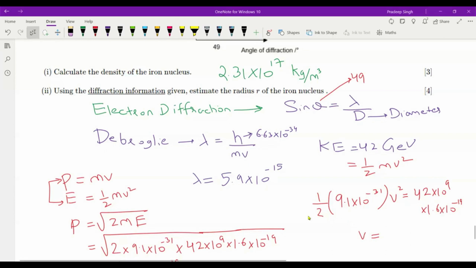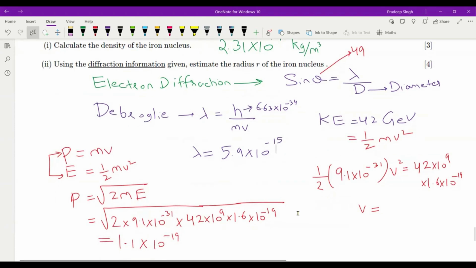3.94, so approximately we should get 4 into 10 to the power minus 15, right? Of course, because this formula is derived from the kinetic energy equation. Why are we not getting it? Can you resolve? Sir, I got the mistake I was doing. I was multiplying electrons with the number of electrons.